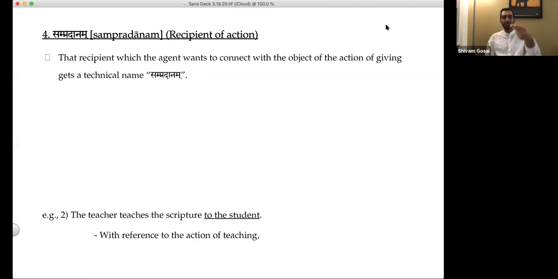He teaches the scripture. So the scripture is the karma. And who does he teach to? He teaches to the student. So the student is the recipient. He's the one who receives. Recipient is the one who receives this. So he receives the teaching, so therefore he is the sampradhanam.